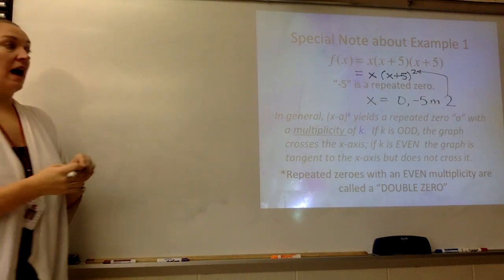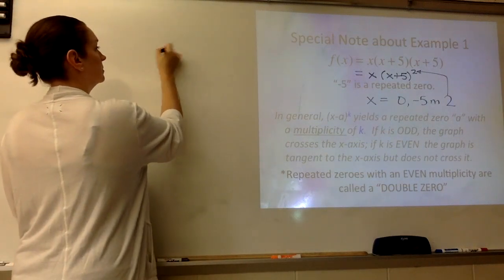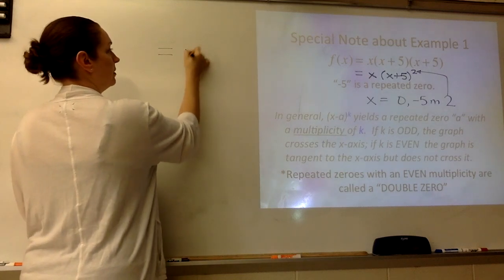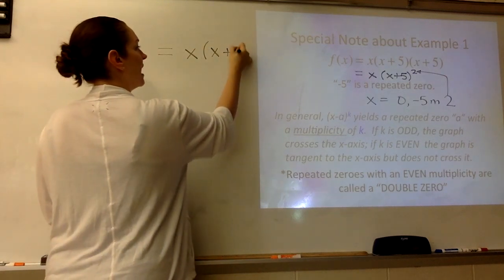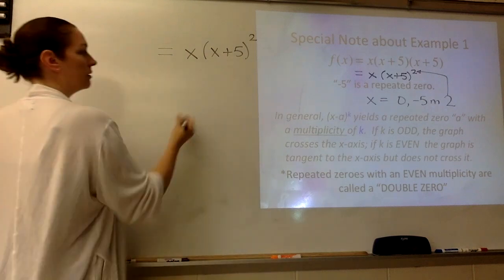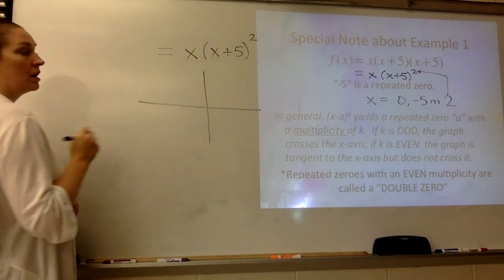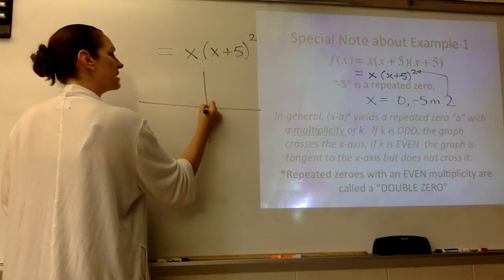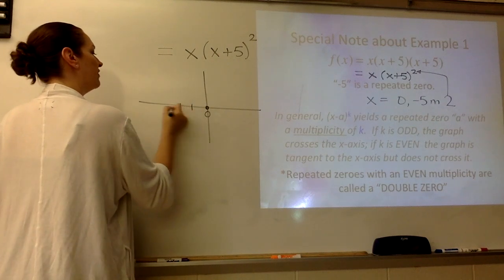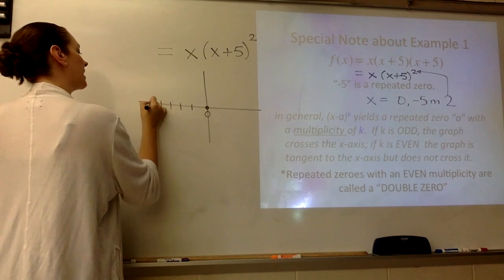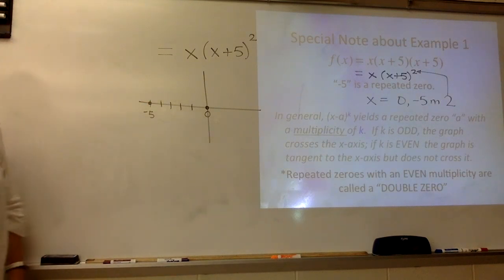If k is odd, so I'm going to use the same example, x times the quantity x plus 5, squared. On my graph, 0 is an x-intercept, and negative 5 is an x-intercept. Remember, zeros are the same thing as x-intercepts.